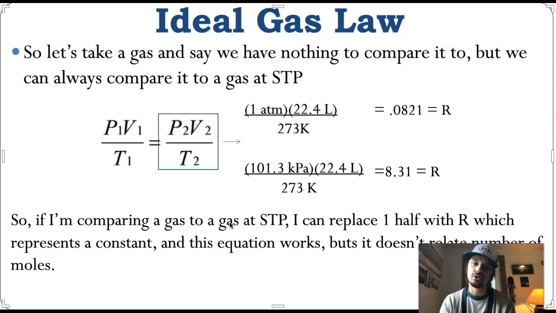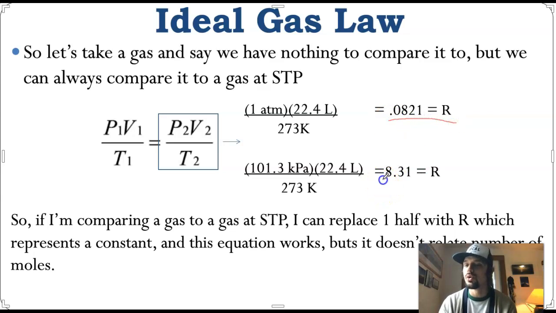Well, what I can do is I can always compare to conditions at STP. Remember, at STP, pressure is 1 atmosphere, temperature is 273 Kelvin, and my volume, if I have 1 mole, would be 22.4 liters.